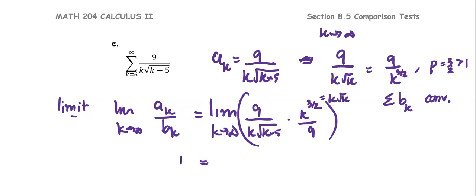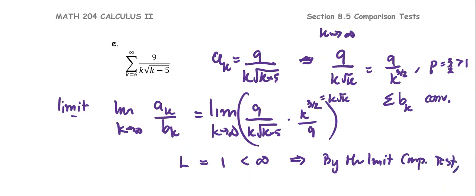The limit value L equals 1, a number less than infinity. Therefore, by the limit comparison test, both series a_k and b_k converge. Or we just say the series summation of a_k converges.